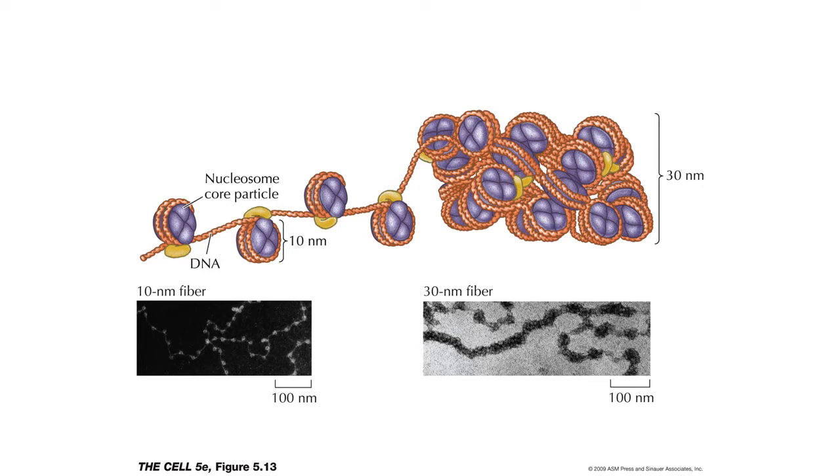Here's a picture of chromatin with the nucleosome core particle shown. The nucleosome core particle consists of an octamer, or 8 proteins, 2 molecules each of histones H2A, H2B, H3, and H4.